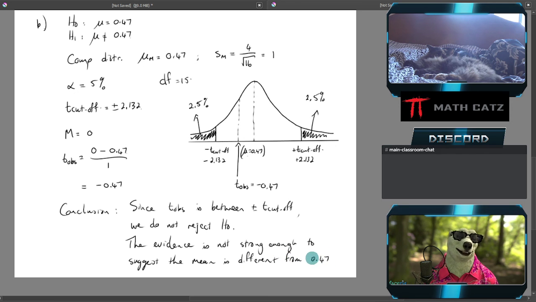If I knew what the story was, I could talk about the effect of a treatment or whatever, right? But we don't know. Regardless of the story or lack thereof, we have the same steps to the hypothesis testing.